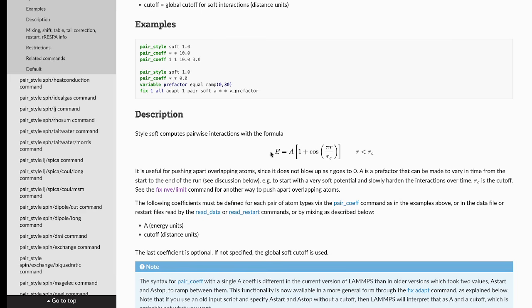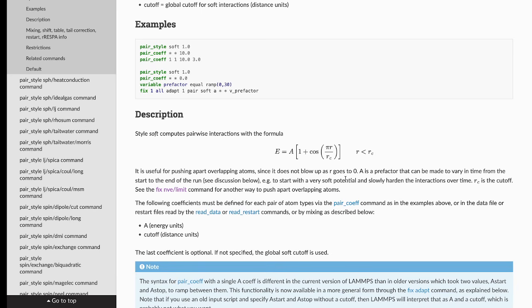The first thing I notice is that when r is 0, E is not infinity. Even when two atoms are overlapping, the total energy of the system doesn't blow up, because cosine 0 is 1. If we plug in 1, E is equal to 2A. So it's a normal number, not a huge number. This is why it is called a soft potential: even when r is very small, the energy doesn't blow up.